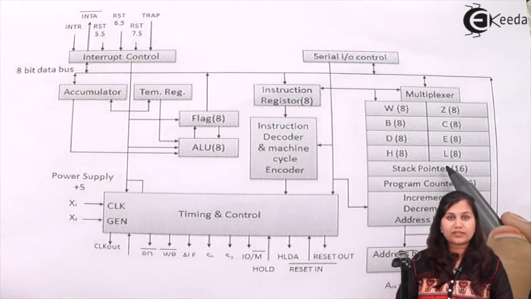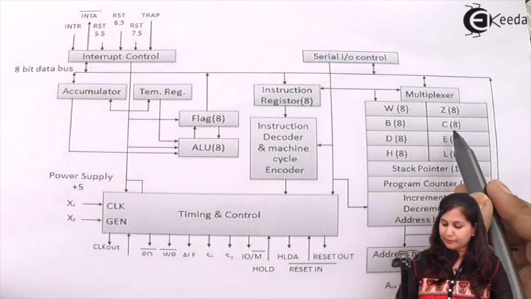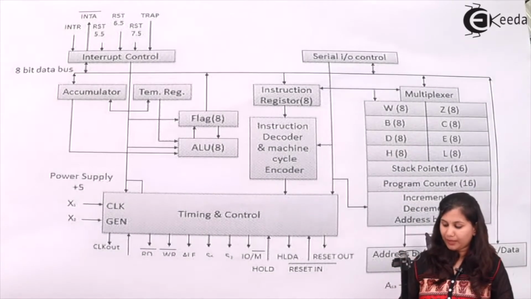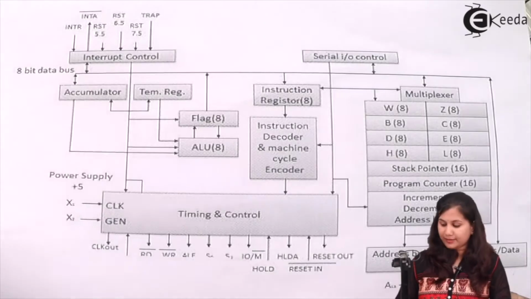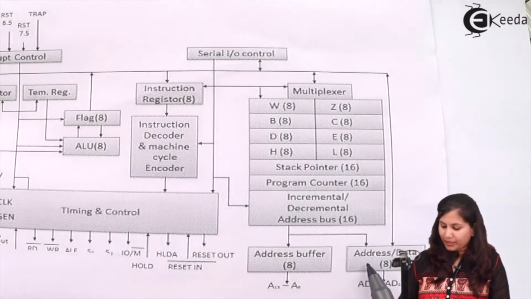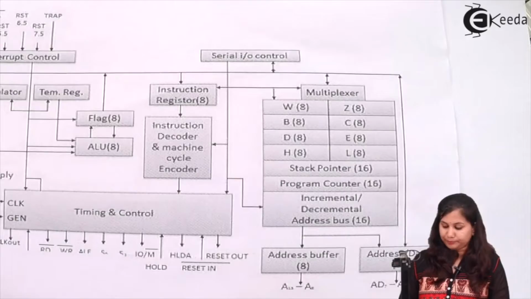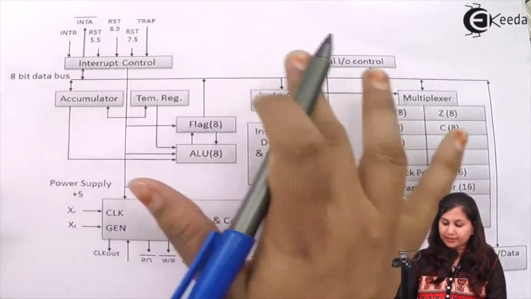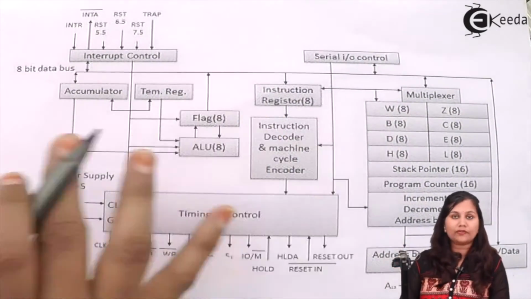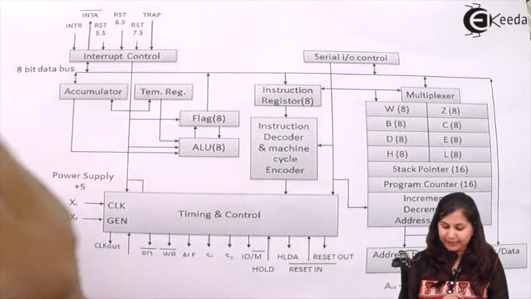These are the various registers W, Z, B, C, D, E, H, L, stack pointer, program counter, then incrementer/decrementer address latch, address buffer and address data buffer. So these are the various blocks or the various components of the 8085 microprocessor.